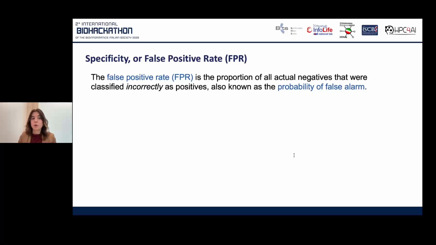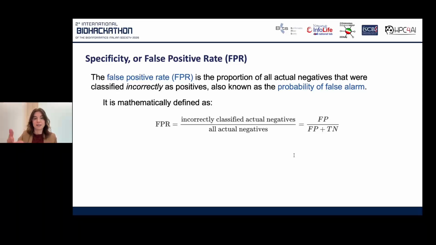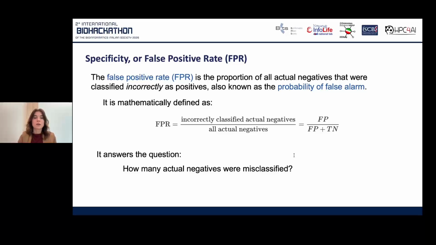While the false positive rate is the proportion of all actual negatives that were classified incorrectly as positives. This is also known as the probability of false alarm, and that's the mathematical definition. And it answers the question: how many actual negatives were misclassified?